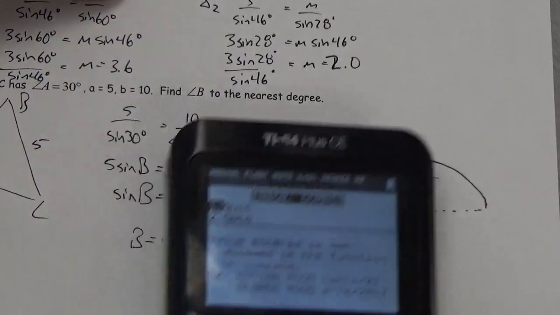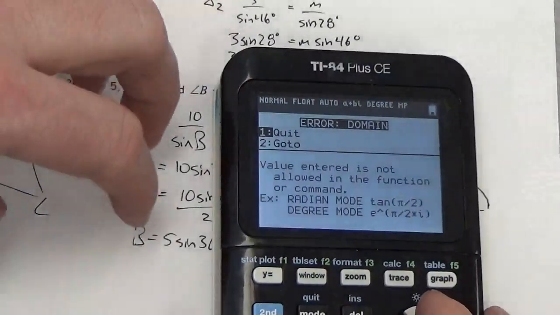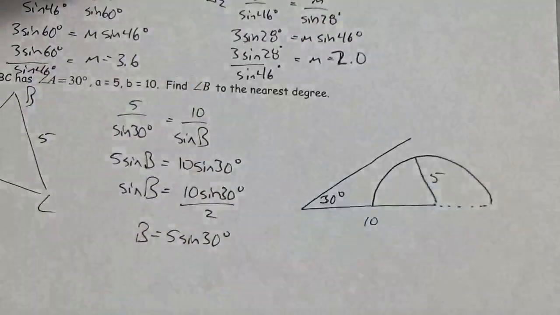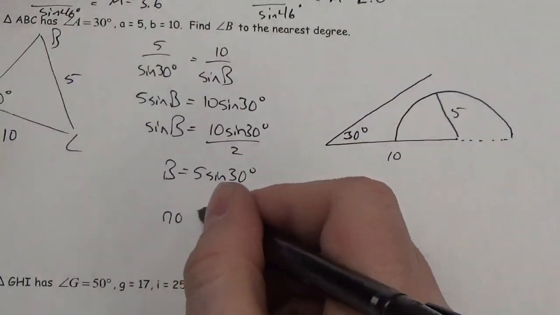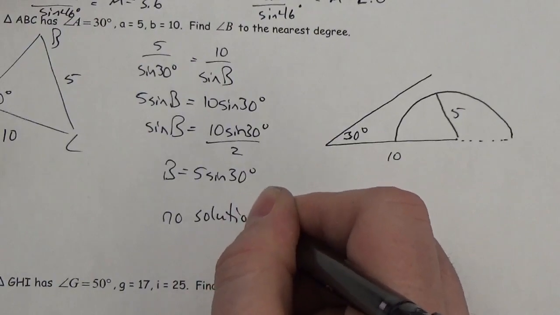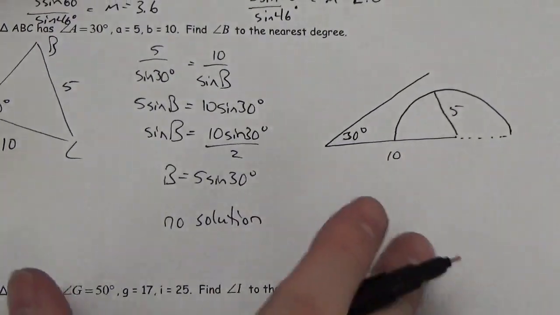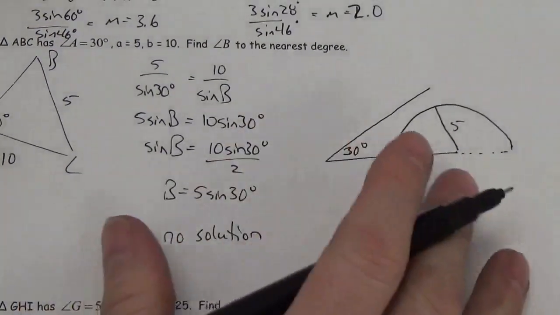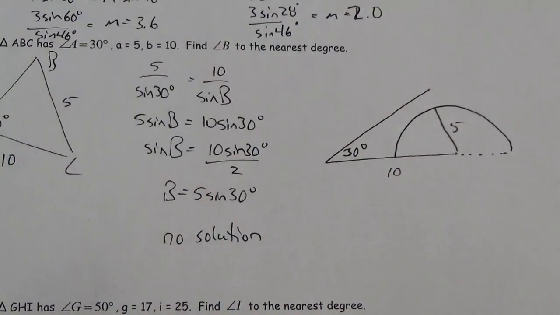So when you see this popping out, you should double check everything, but actually that simply means there's no solution. This doesn't work. The scenario being described here simply won't create a triangle.